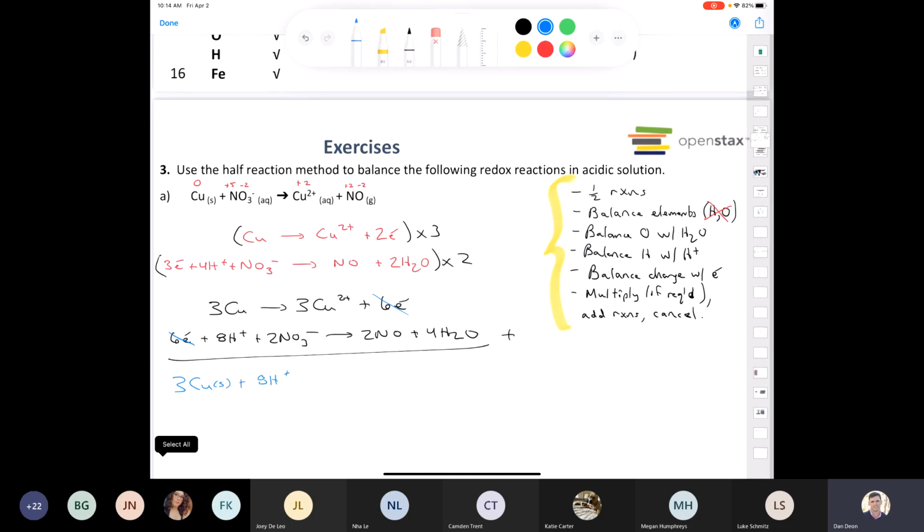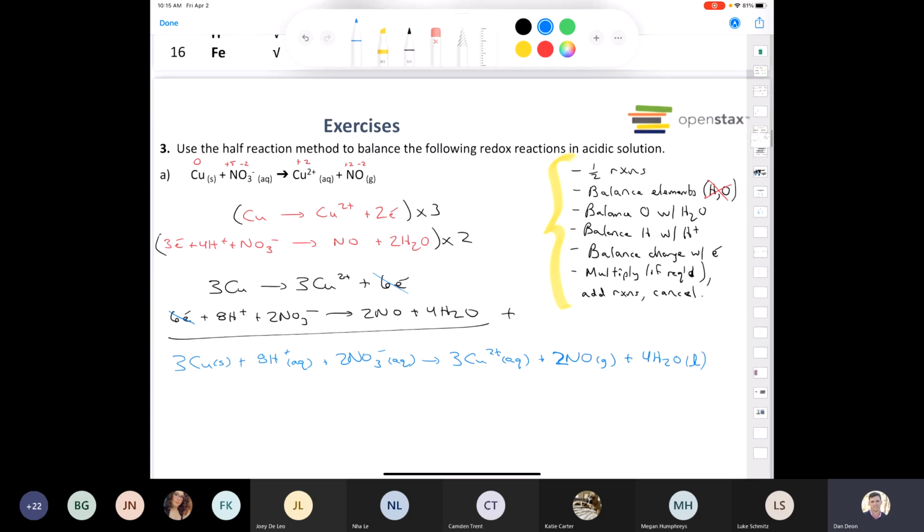Plus 8 protons, which are aqueous, plus 2 nitrate ions produces 3 copper 2+ ions, plus 2 NO, which is a gas, plus 4 H2O, liquid. Is that a thing of beauty or what? There's nothing more satisfying than balancing a redox reaction.